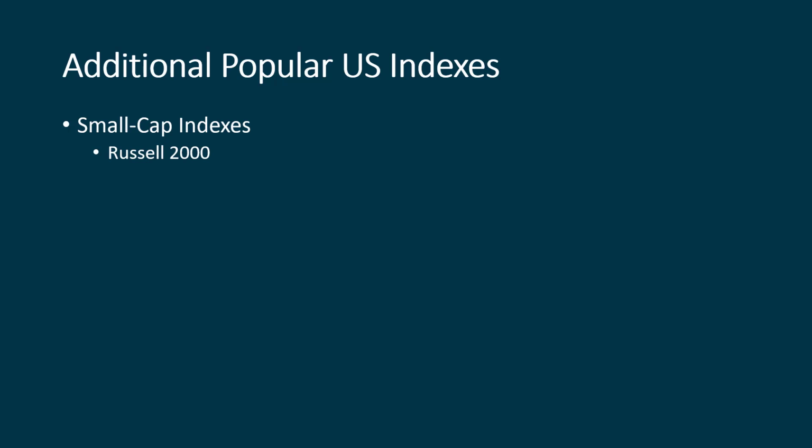One that was very popular for a long time was the Russell 2000. It doesn't seem to be as popular anymore, and I've switched to looking at a little different index, which is the S&P 600. We look at small cap stocks because in healthy environments, people are willing to take on more risk.